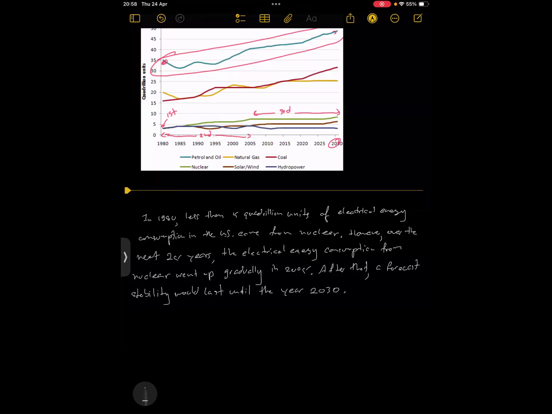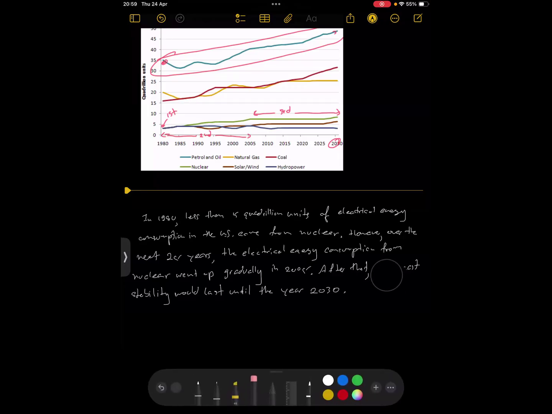Okay, so in 1980, less than 5 quadrillion units of electrical energy consumption in the US came from nuclear. However, over the next 25 years, the electrical energy consumption from nuclear went up gradually in 2005. After that, I just don't want to use the words redundantly. After that, I would say a stability.